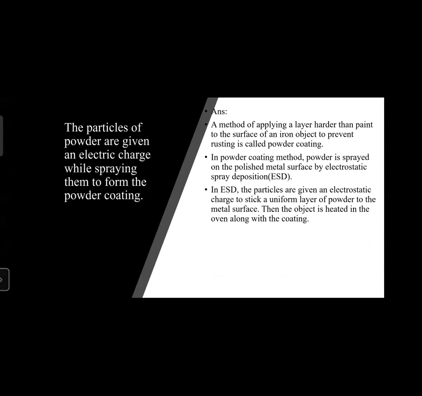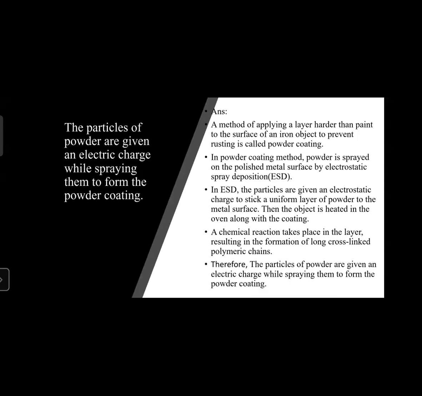In this machine, the particles are given an electrostatic charge to stick and form a uniform layer of powder on the metal surface. Then the object is heated in the oven along with the coating. There will be a chemical reaction in that layer which results in the formation of cross-linked polymeric chains, and therefore the particles of powder are given an electric charge while spraying them to form a powder coating.